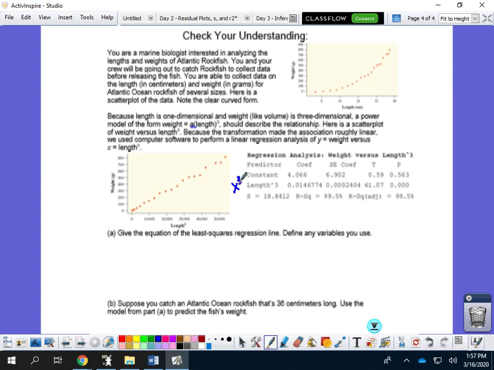So to write the equation, we're going to write y hat equals 4.066 plus 0.014677 x cubed, where x is your length and your y hat is predicted weight.